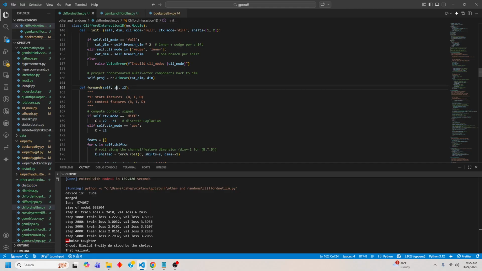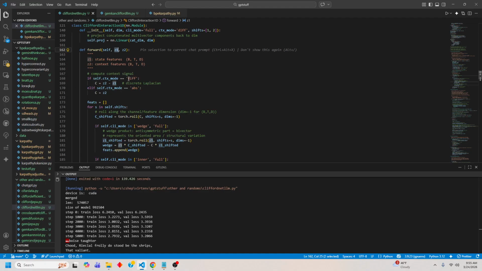So here's the forward. Z1 has a state, like a global state versus the local context. I won't go into that, but let's say local context and a state, where the state is just the input that goes through a linear layer.